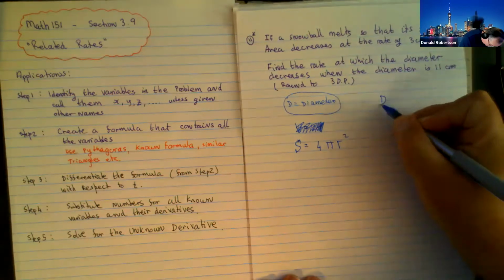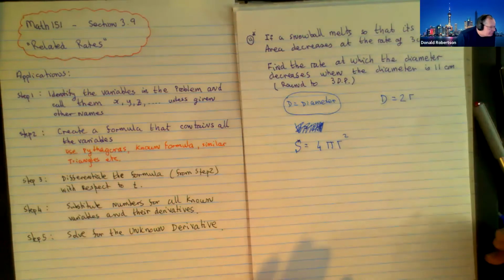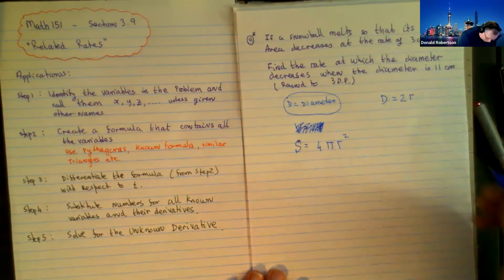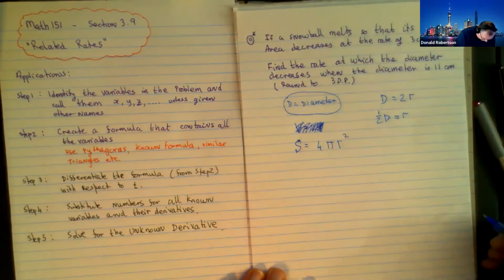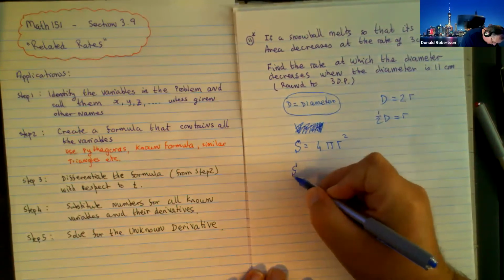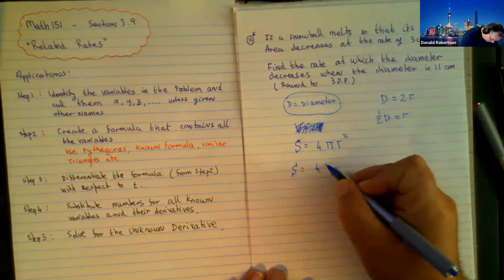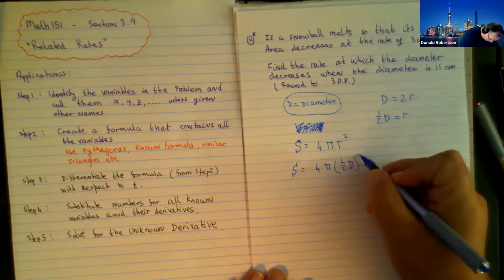But I do know something about the diameter. Isn't the diameter twice the radius? Which is another way of telling me that the radius is half a diameter. So what I end up doing is I have to adapt this to 4 pi times half a diameter squared.